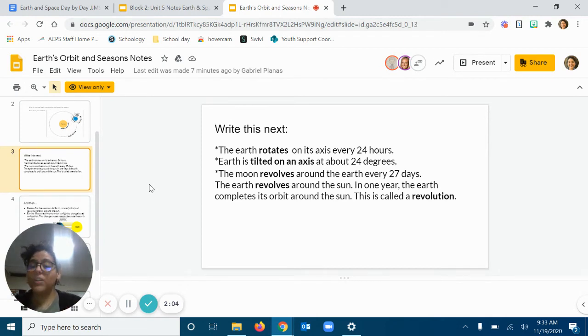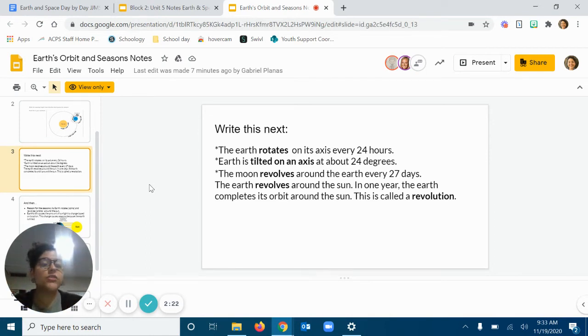But it's really important in keeping the Earth the way we know it today. That is why we have one full day in 24 hours, because the Earth rotates a complete circle, a complete spin, in 24 hours.